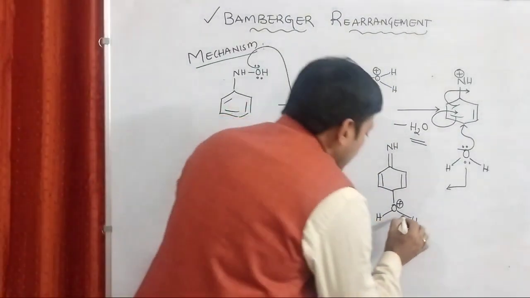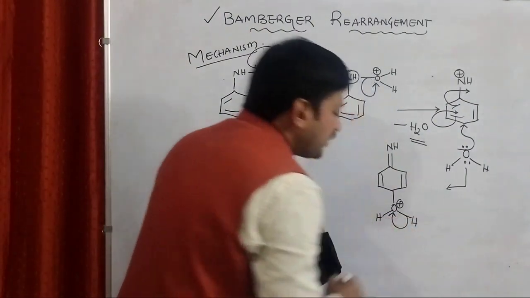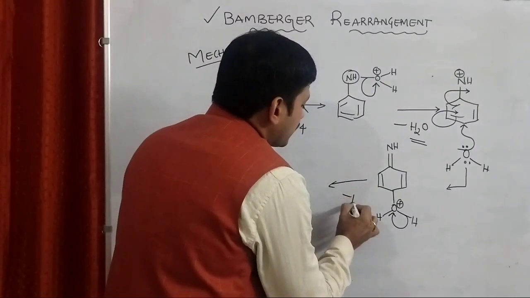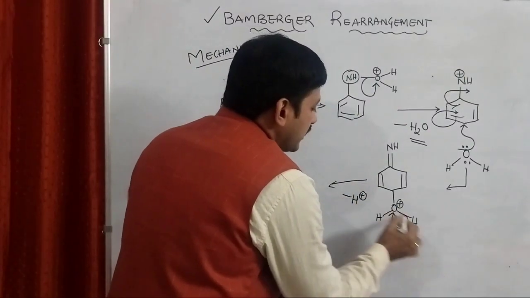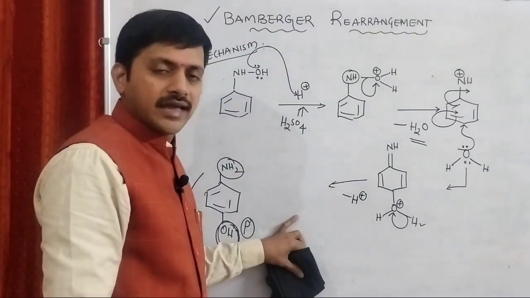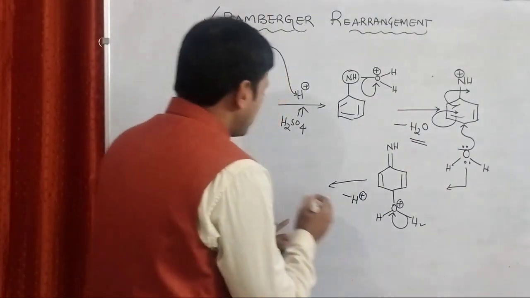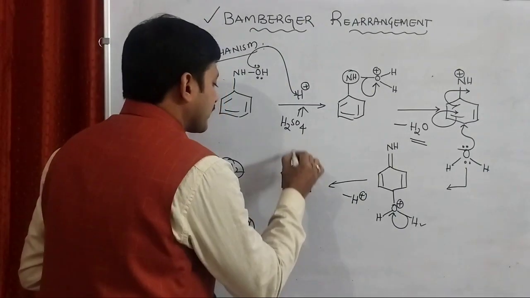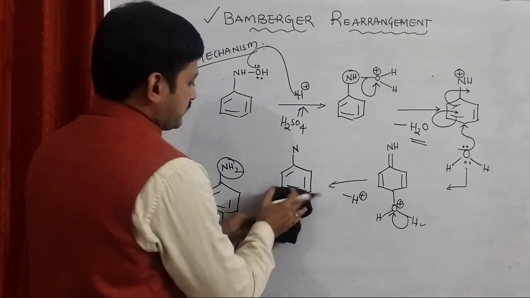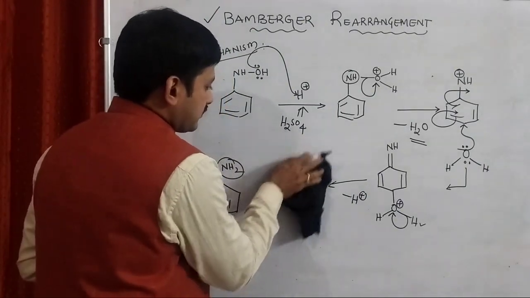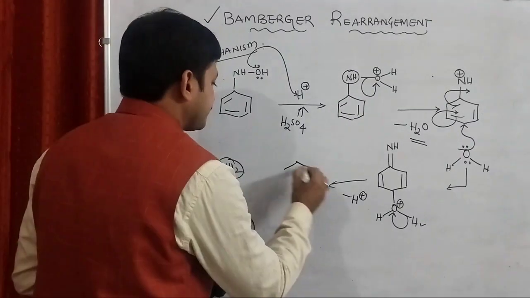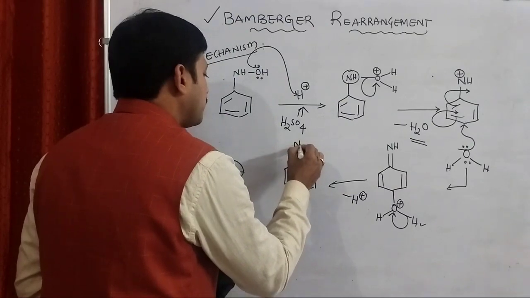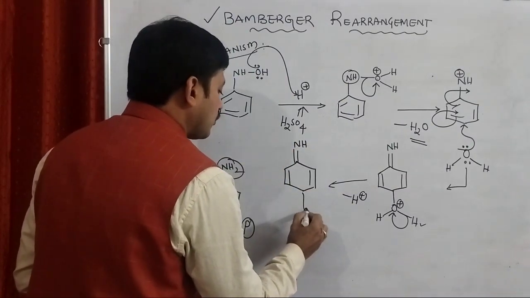In order to attain its stability, what we need to do? We need to satisfy the valency. For that purpose, we are removing this hydrogen as H plus. Thereby we are going to have double bond, double bond, double bond, NH, OH.